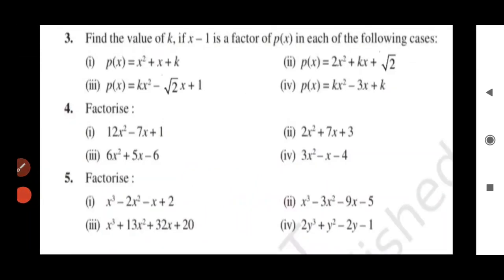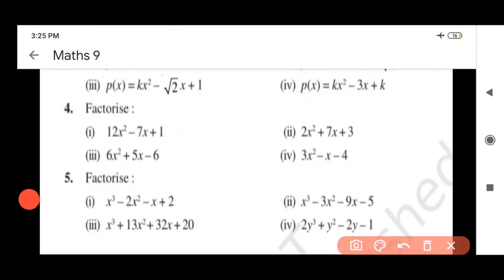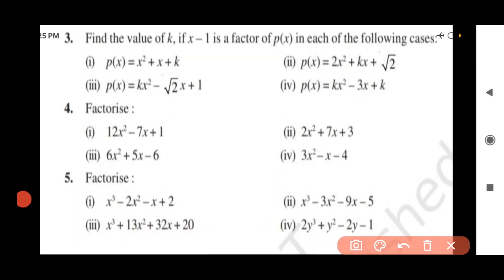Sum number 3. Find the value of k if x minus 1 is a factor of p of x in each of the following cases. Refer to example number 12. So the first sum, p of x equal to x squared plus x plus k. Here x minus 1 is a factor of p of x.